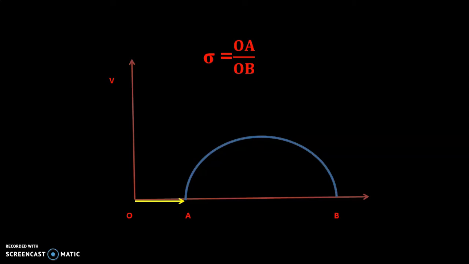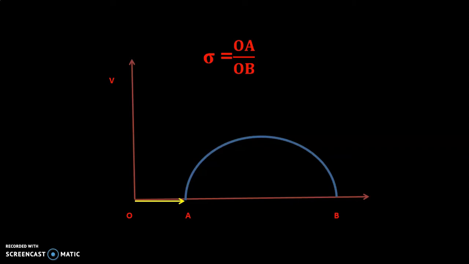Now we have two conditions based on the dispersion coefficient. The first condition is maximum power factor, and the second condition is overload capacity. These two parameters are greatly affected by the dispersion coefficient.